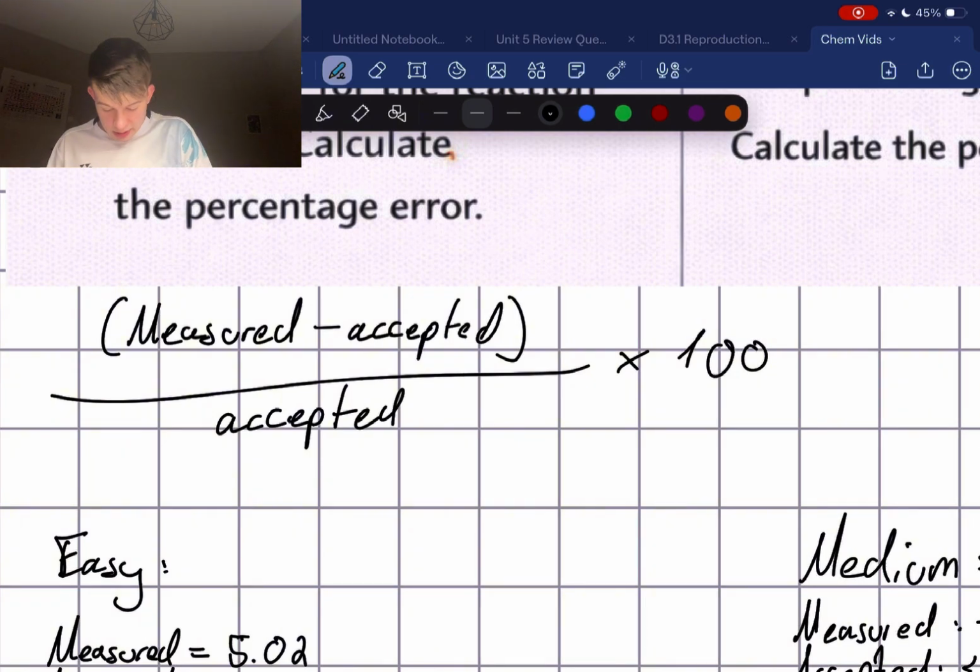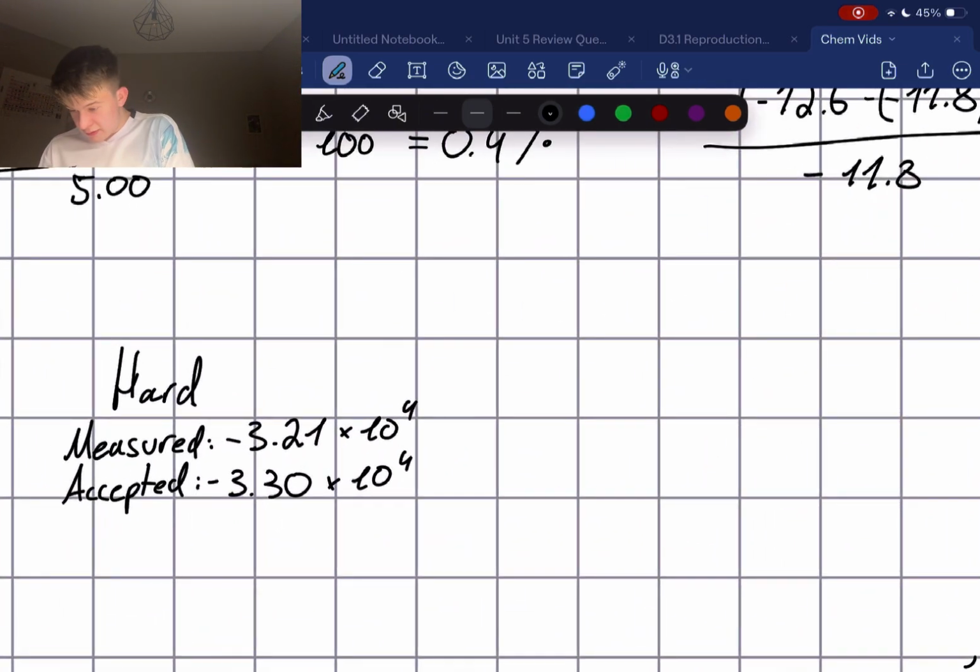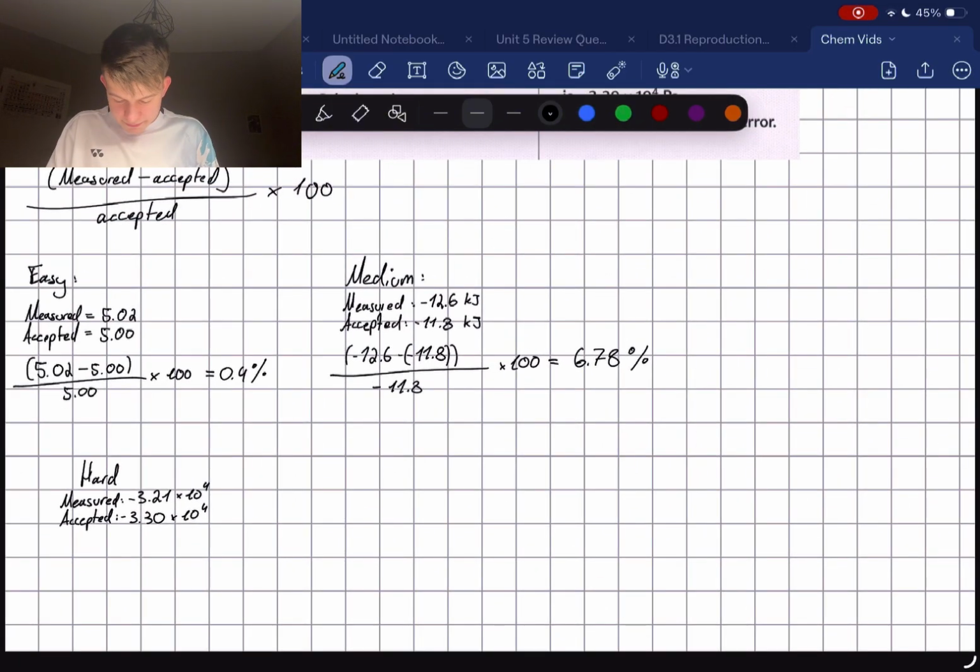So we do negative 3.21 times 10^4 minus negative 3.30 times 10^4, then we close the bracket, divided by negative 3.30 times 10^4, and then we multiply this times 100, and that will give us a percentage error.